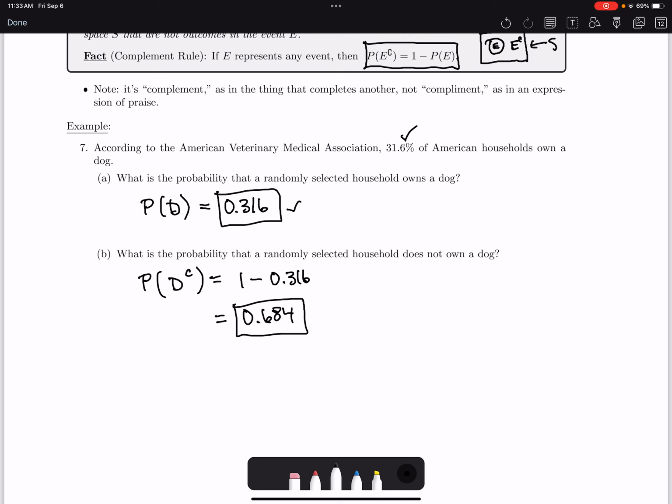I sometimes struggle with subtraction. 0.316. Yeah, 0.684. That's how we would use the complement rule. In other words, if 31.6% of people own a dog, then 68.4% of people do not own a dog. And that's all there is to that.